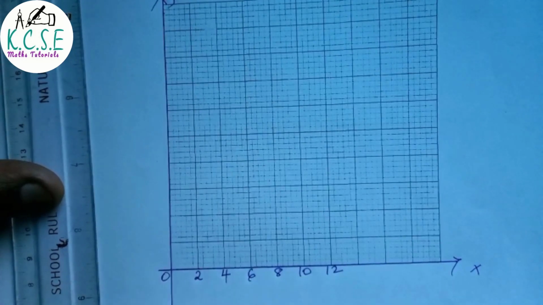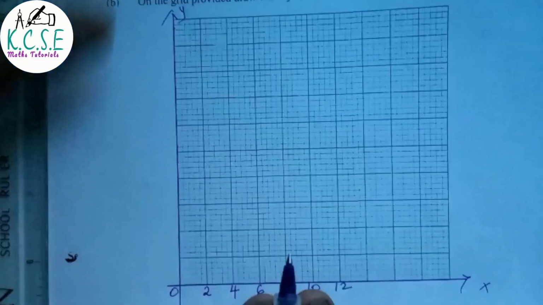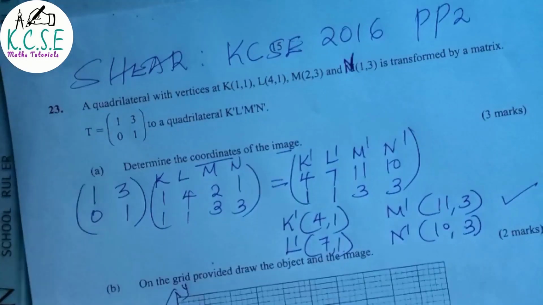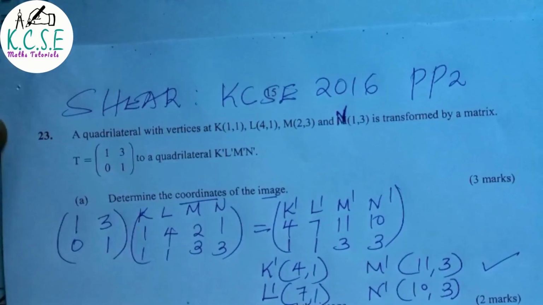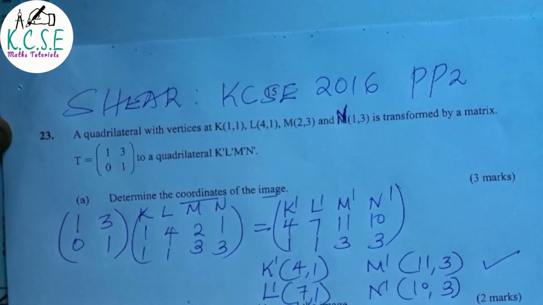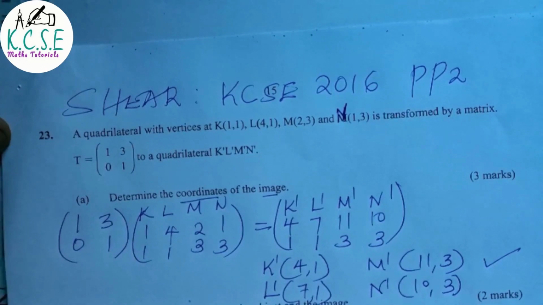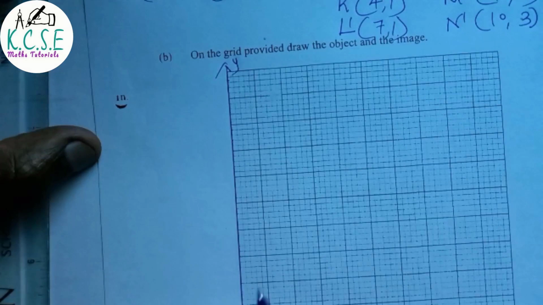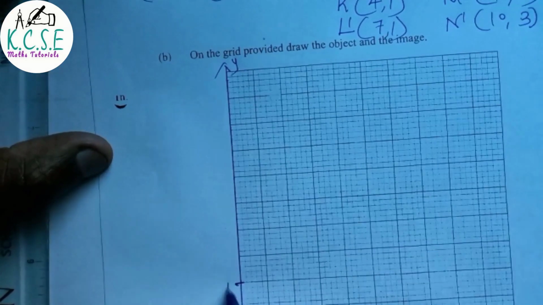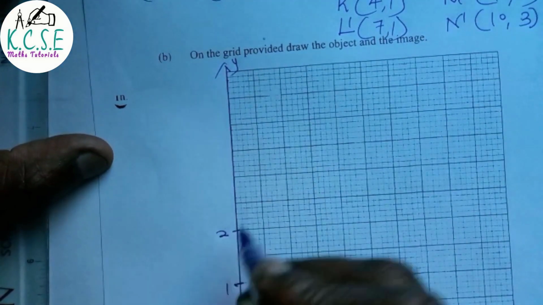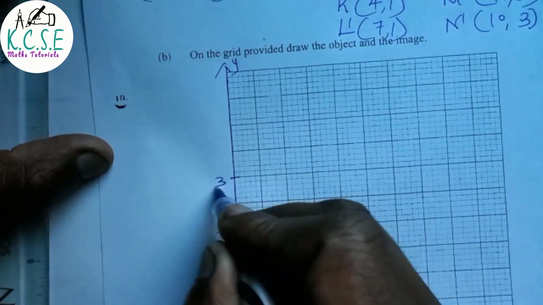Then for the y-axis, when I look at these values, they're not quite big, so I can see the biggest is 3. So I can use 2 centimeters to represent 1 unit. This will be 2, this one 3.